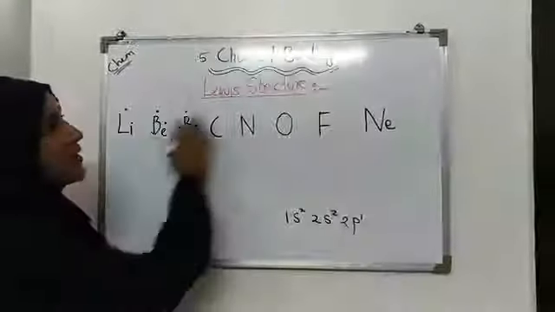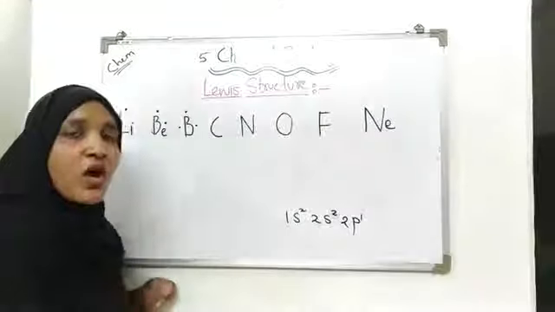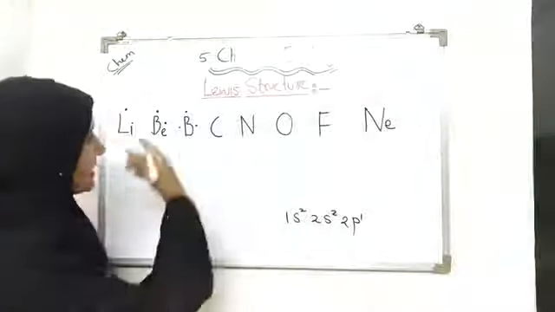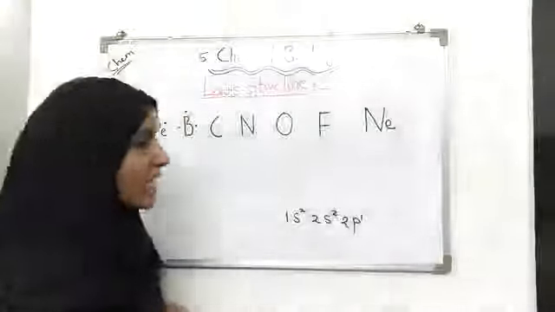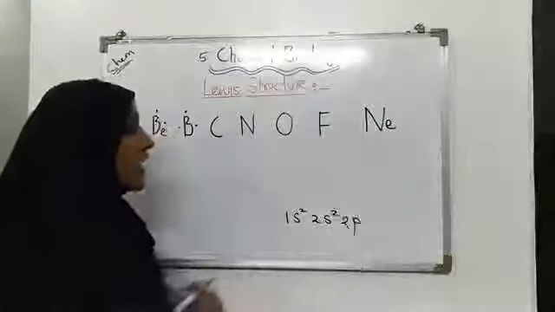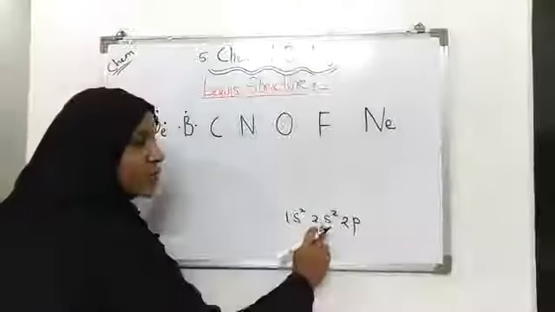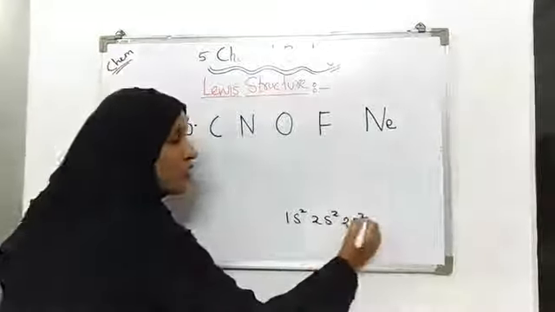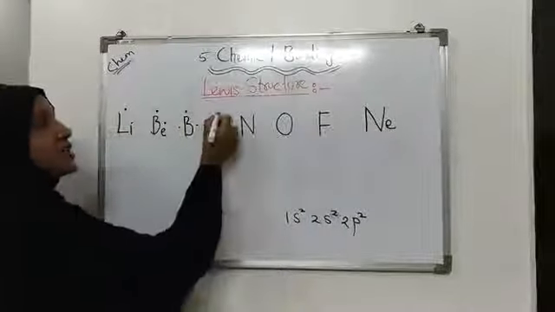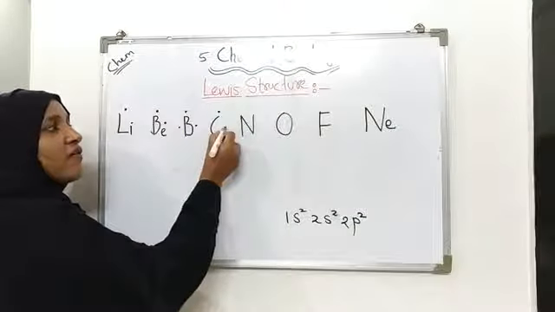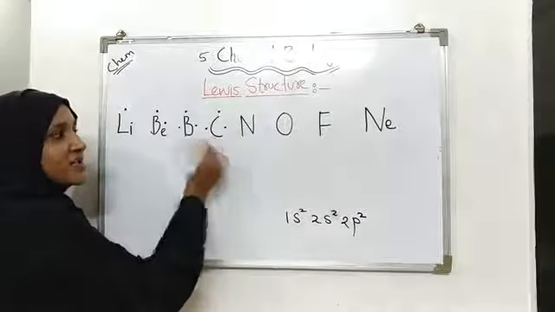All these are what? Lewis structures of an atom. In the same way, students, you can write it for all. For carbon it is 1s2, 2s2, 2p2. We have 4 electrons. So carbon will have 4 dots with its symbol.